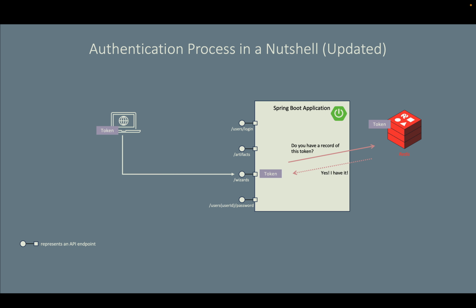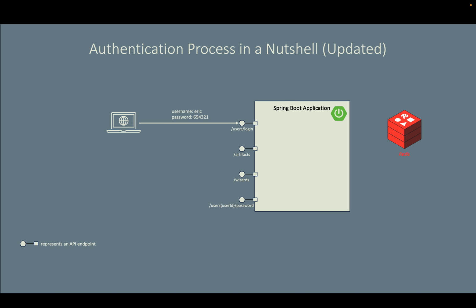Let's look at the scenario of password change. As usual, creating the token, sending it back to the client, and save a copy in Redis. Now, at this moment, the client realizes that her password has been compromised. So she decides to invoke the changePassword endpoint. Okay, no problem.